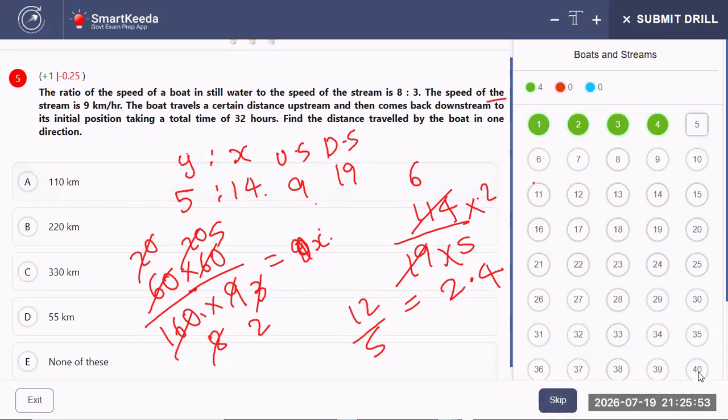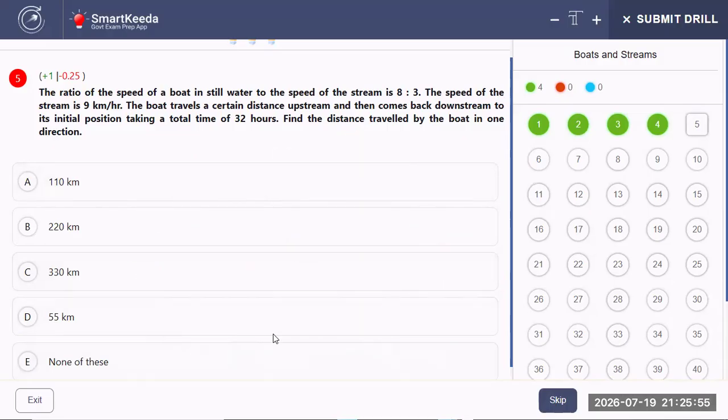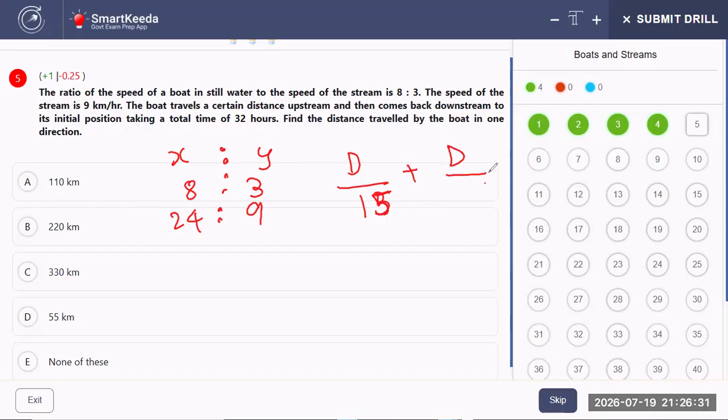Next, the ratio of the speed of the boat in still water to that of the stream is 8 by 3. The speed of the stream is 9 kilometers per hour. So this will be 24 and this will be 9. The boat travels a certain distance upstream, and comes back downstream to the initial position in total 32 hours.